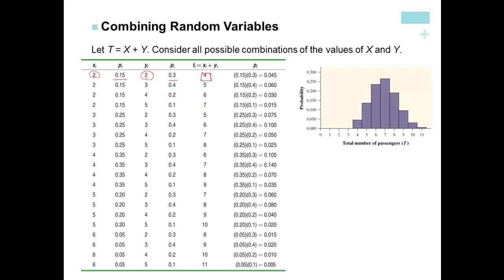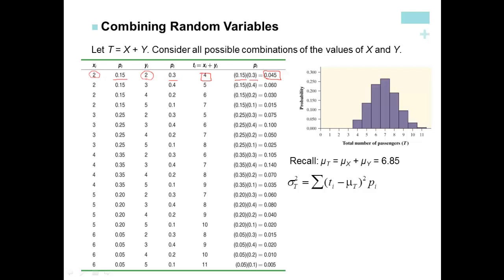So the total would be 4, and the probability would be 0.15 times 0.3, which gives you 0.045. All of these values could have been determined using a tree diagram as well. At the right, you can see the distribution for the total. Recall that the mean of the total was 6.85.